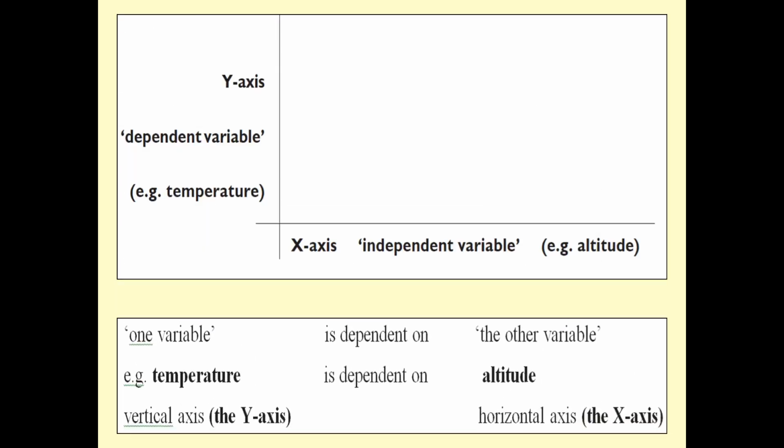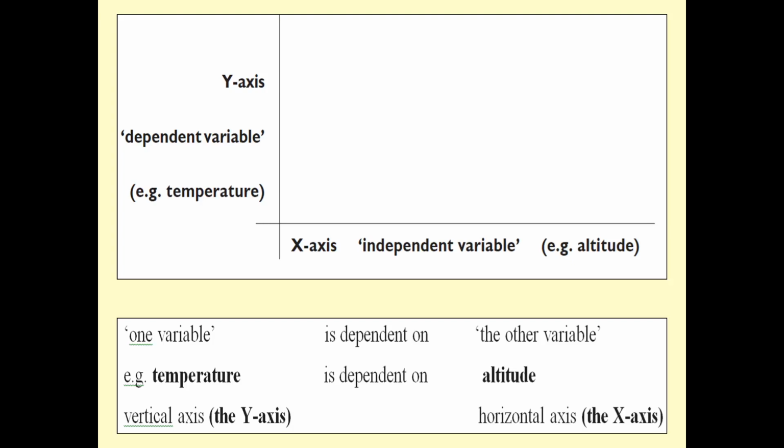In order to set up the scatter graph the right way around, we write the statement in the form: one variable is dependent on the other variable. For example, temperature is dependent on altitude, where the vertical axis is the y-axis and the horizontal axis is the x-axis. Temperature is plotted on the y-axis and altitude is on the x-axis.